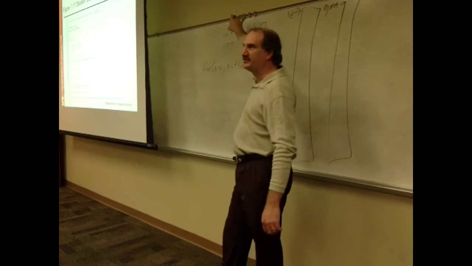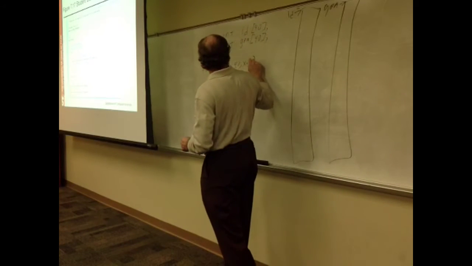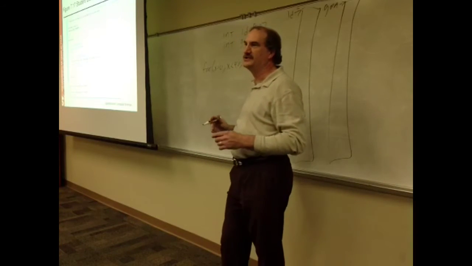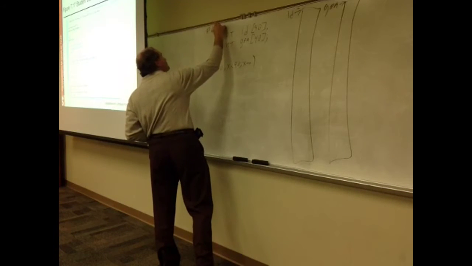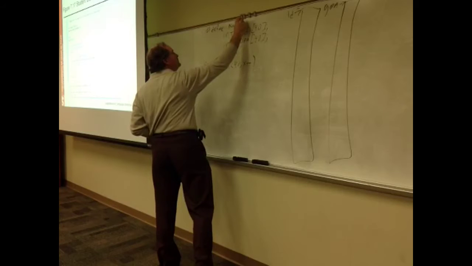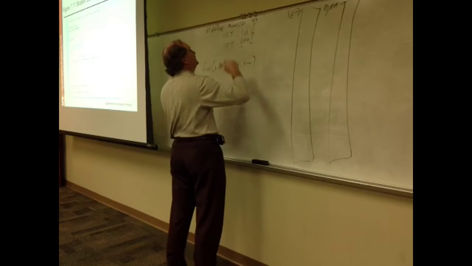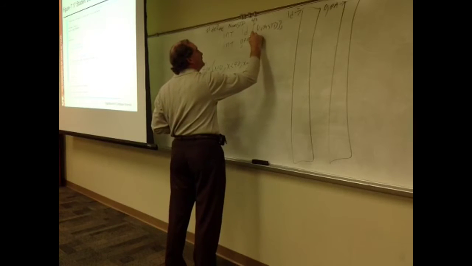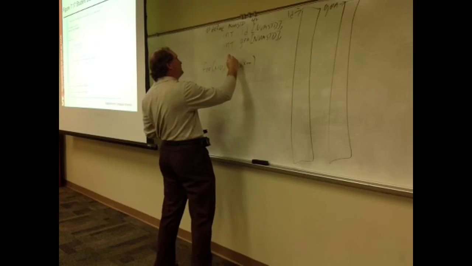What could you do? Do a pound define up there for your size. While X is less than the value, the number there. So if I did a pound define NUM_STUDENTS 40, now I could use NUM_STUDENTS in here and there.